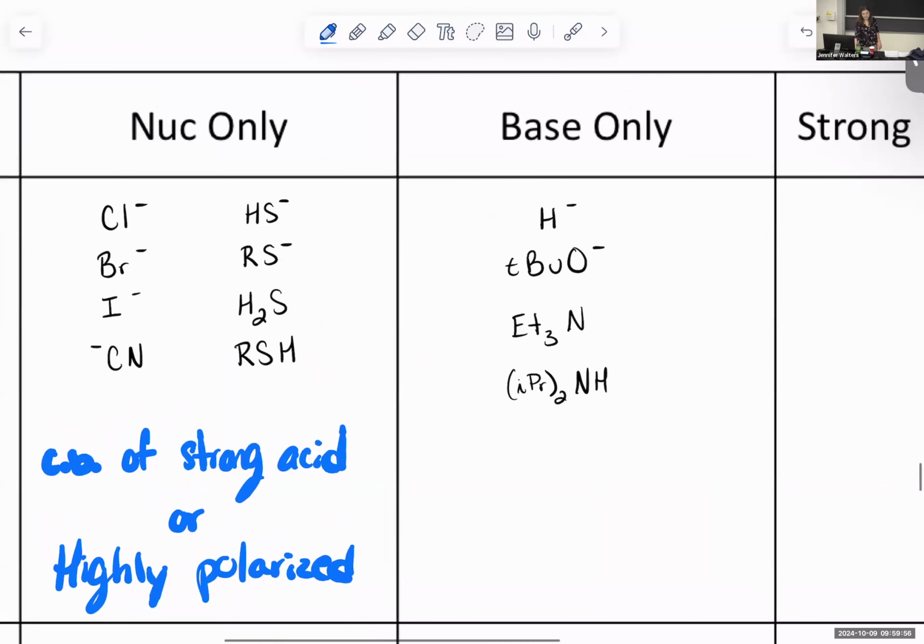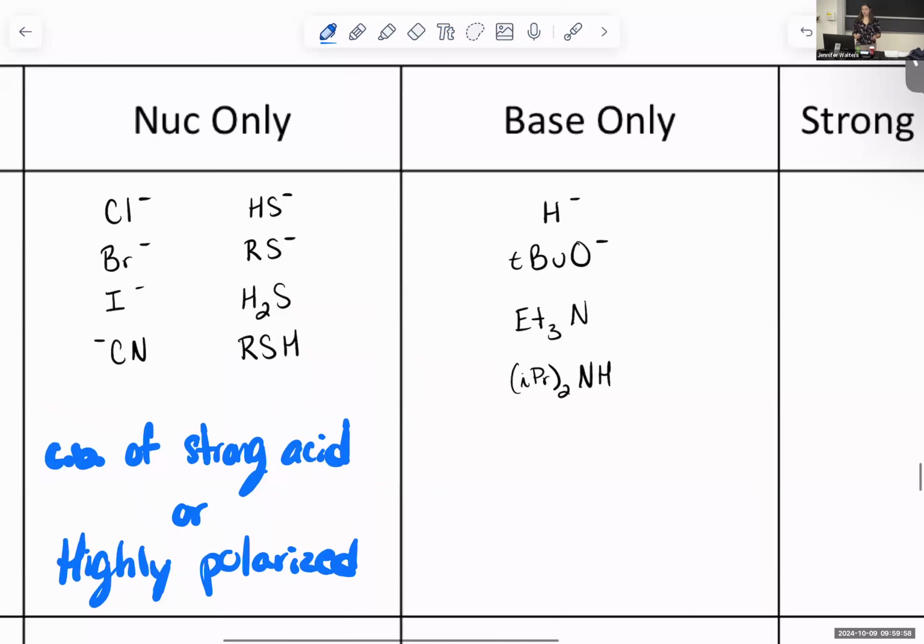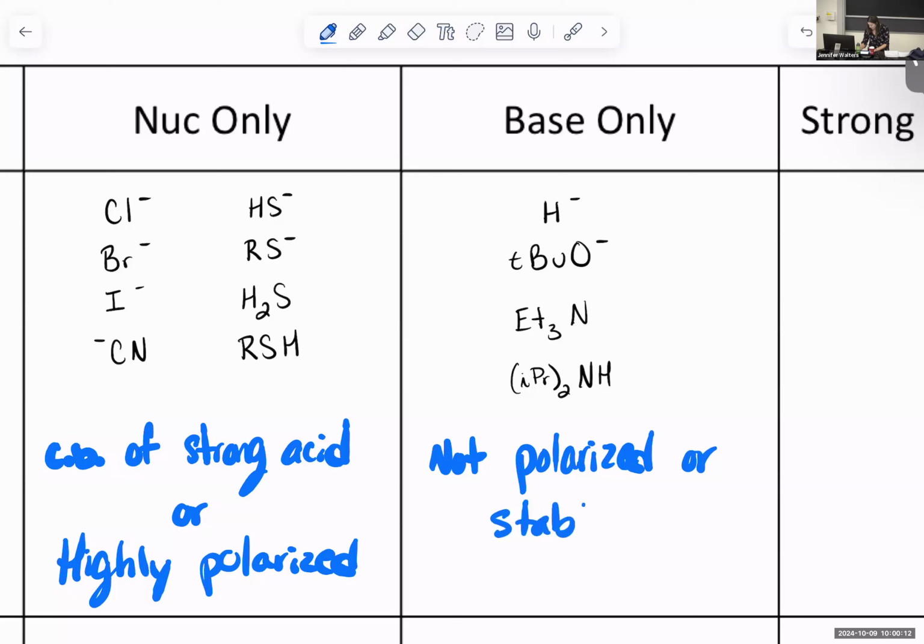If you are a base only, you're looking at things like hydride or your bulky bases. So these are not polarized, or just things in general that are stable with the hydrogen. So hydride is going to be a base only because it will make H2 gas.